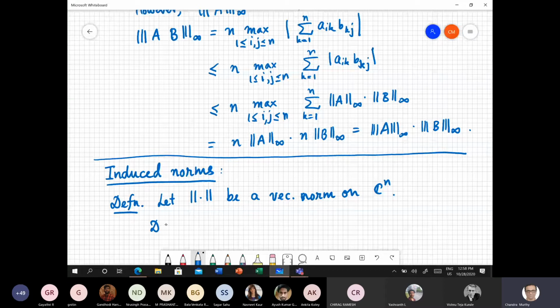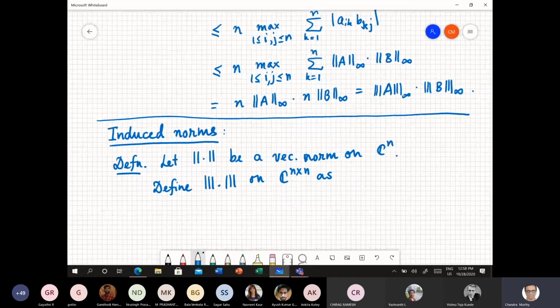Define on C to the n cross n as follows.